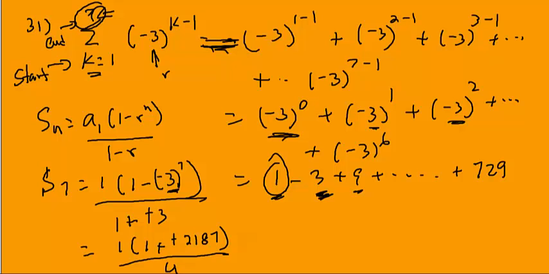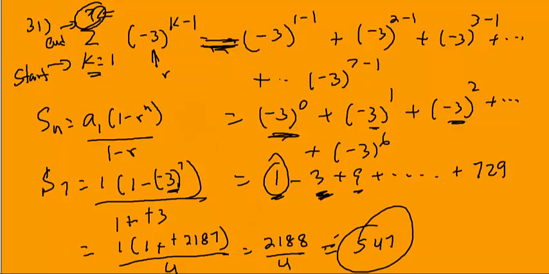Of course, these two negatives will become positive also. So I have 2,188 times 1, which is 1, all that over 4. So 2,188, and we're going to divide that by 4. That turns out to be 547, and that's our answer.